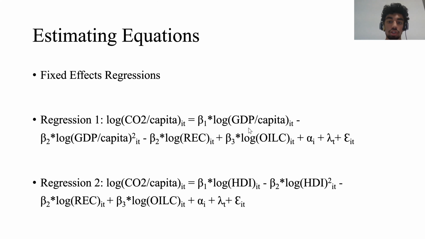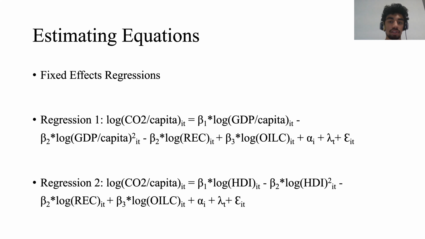I have also logged all of my variables for three main reasons. One, this is standard practice when analyzing the environmental Kuznets curve in an economic study. Two, it helps standardize the sizes of the variables so that they're easier to compare to one another, which is something I will explain in the next slide when I discuss my summary statistics.